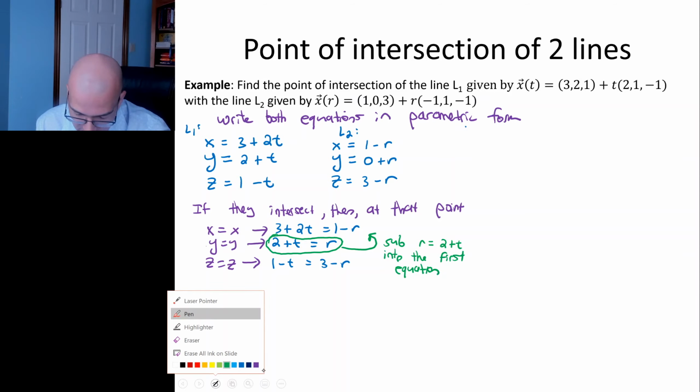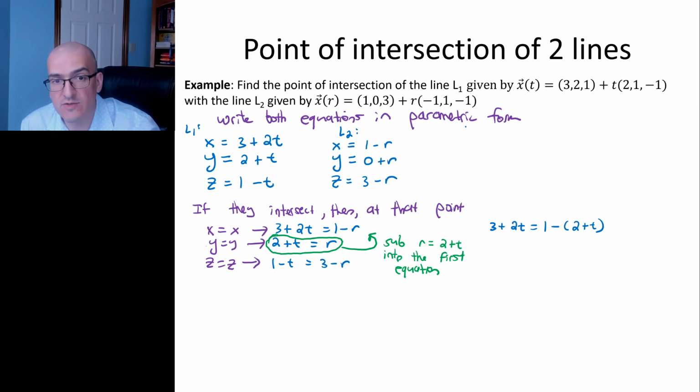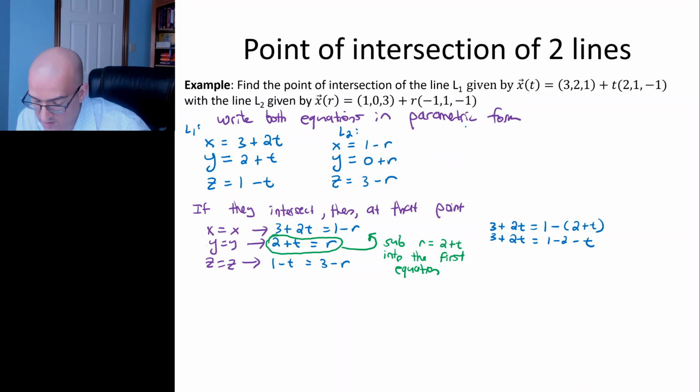Okay, so what do we get? We get 3 plus 2t is equal to 1 minus (2 plus t). So replace that r with 2 plus t, because that's what equation 2 says that r is equal to. Now I'm going to distribute that minus sign on the right hand side. So 3 plus 2t is equal to 1 minus 2 minus t, and then collect like terms.